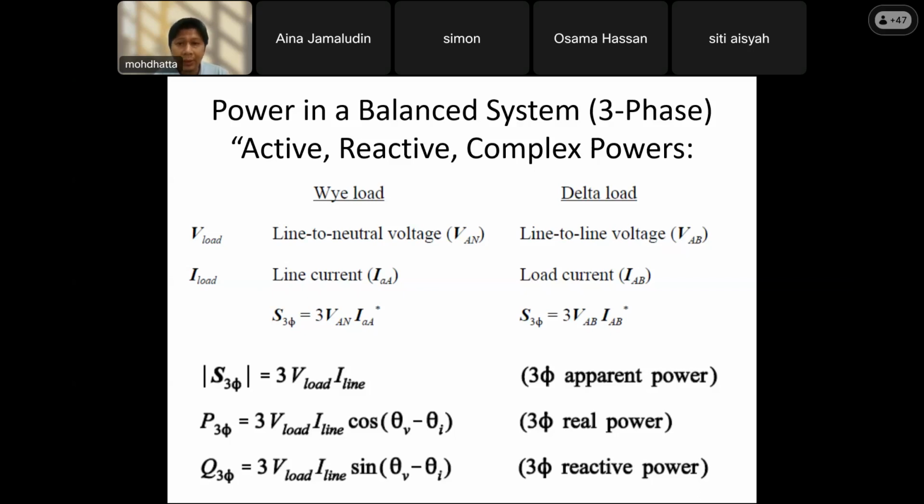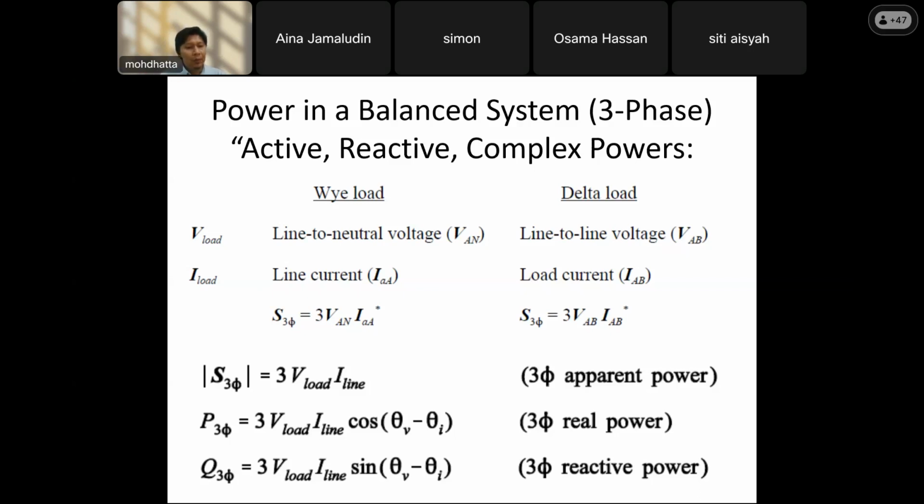So this is the equation for you to get active, reactive, as well as the complex power. For the first one that you see over there, as three-phase, we have the magnitude sign, meaning that the magnitude of our complex power, or the apparent power, can be calculated using 3 times V load times I line.